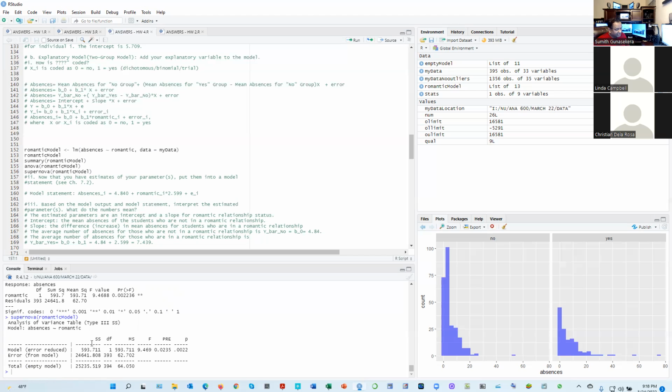This is the sum of squared error explained by the model, and this is the sum of squared error unexplained by the model. A lot of error, 24,000, pretty much has not been explained. The PRE is 593 divided by this, almost 0.02. Remember, we gave the ranges for PRE at a certain point.